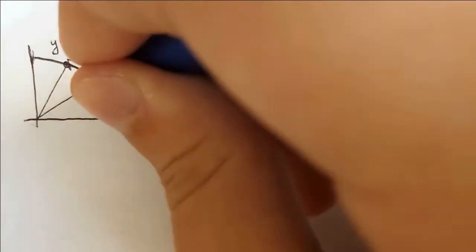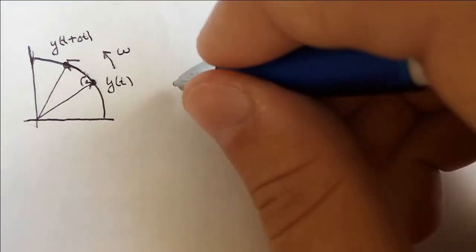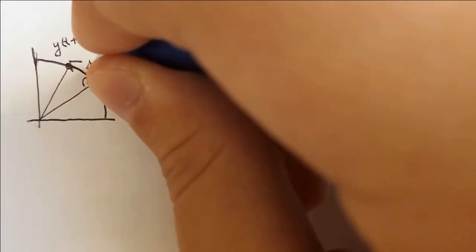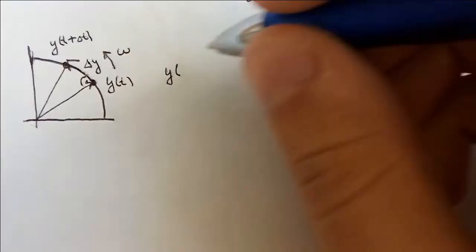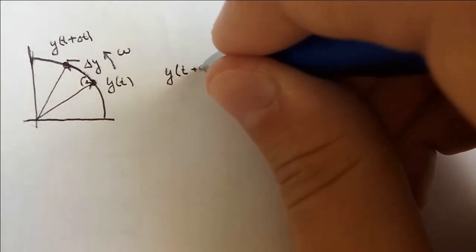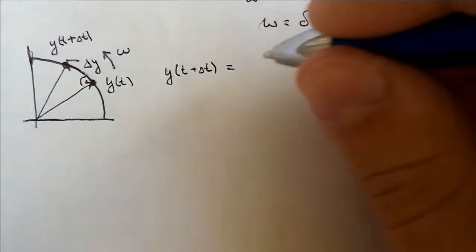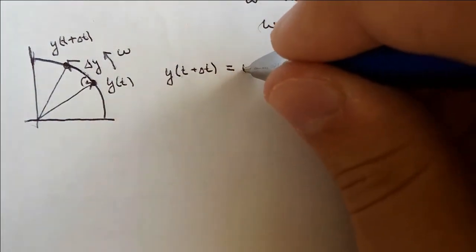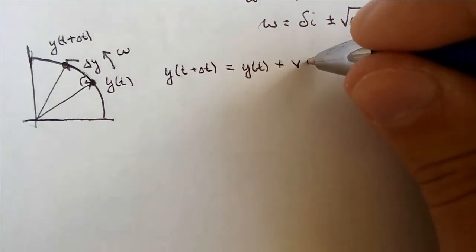This vector is in the limit perpendicular to this vector, and it's not hard to see that if I call this delta y, the position at t plus delta t is just y(t) plus velocity times delta t.